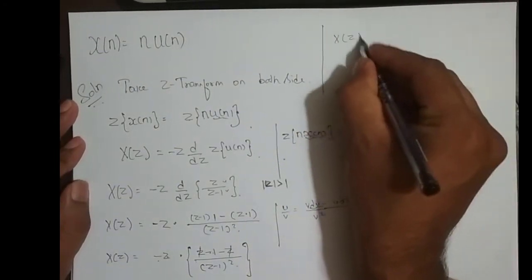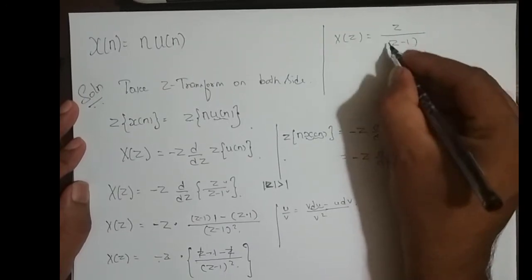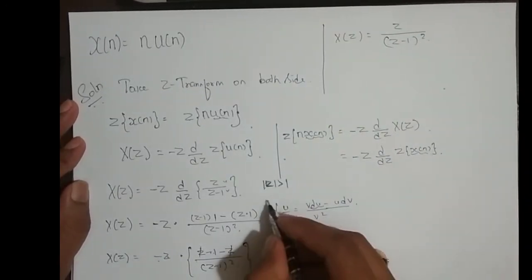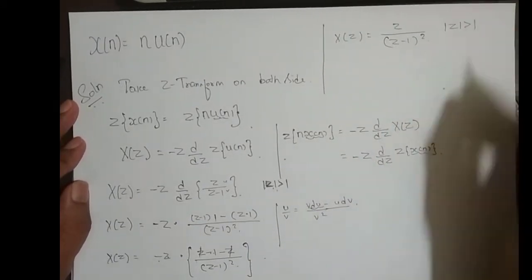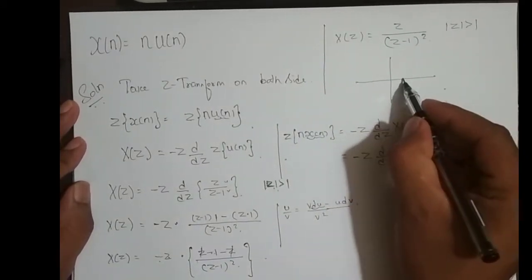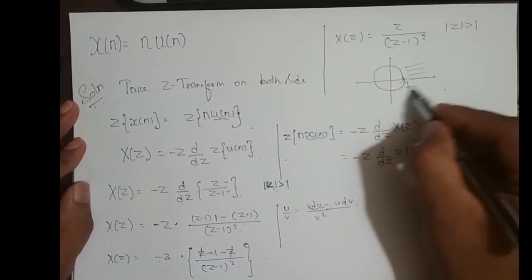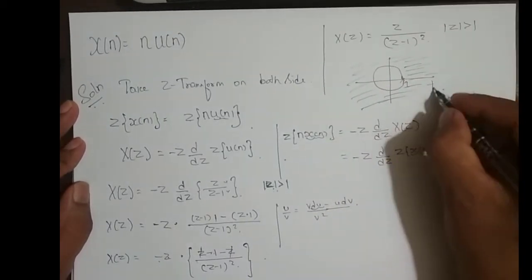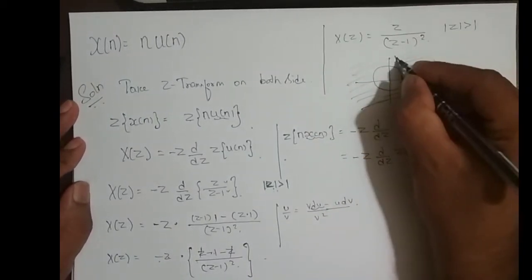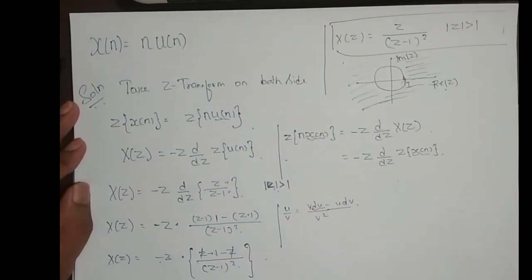So X of z is equal to z divided by z minus 1 whole square, and with ROC you have to carry this ROC, so magnitude of z is greater than 1. So if I take it to the z plane, I have a unit circle, and the ROC is outside it, with real part of z and imaginary part of z. So this is the Z transform and ROC.